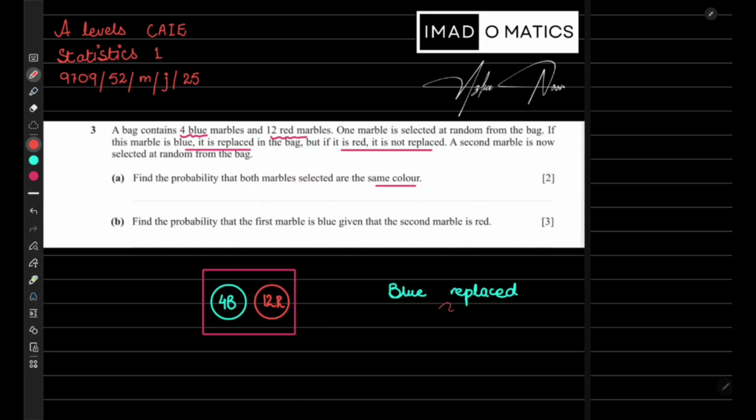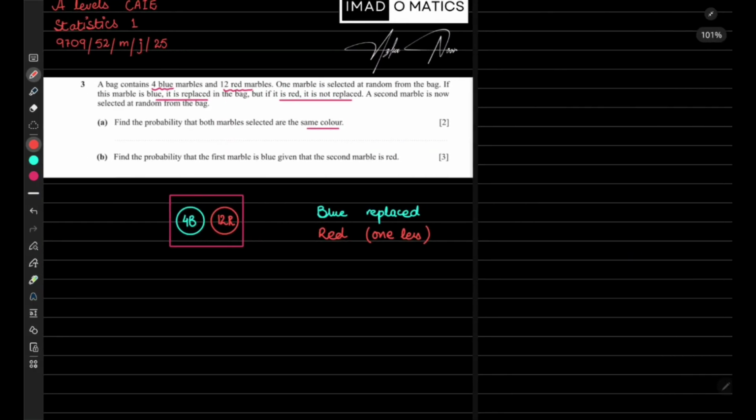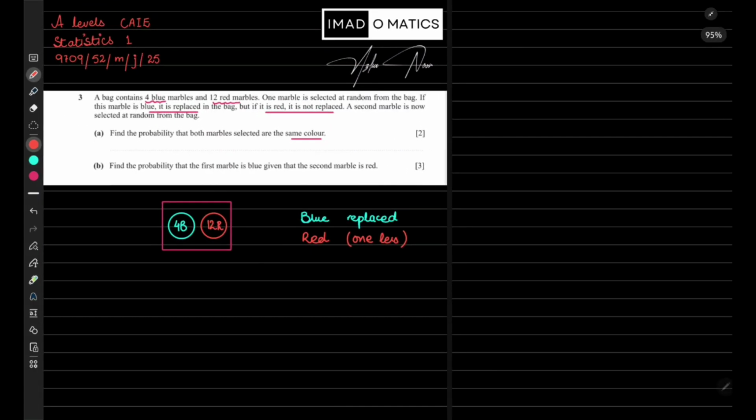But if we take red, it is not replaced, meaning one less will be in the red and one less will be in the total. So first understand all this with the help of a tree diagram.